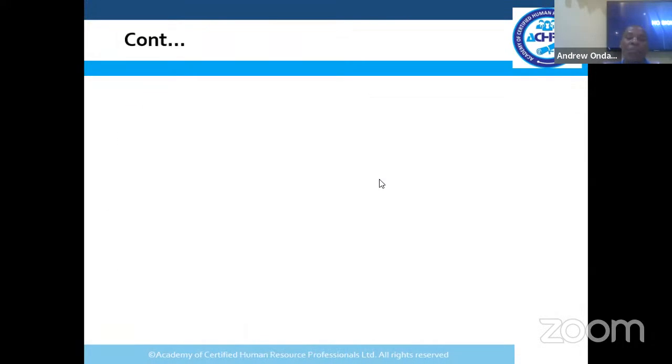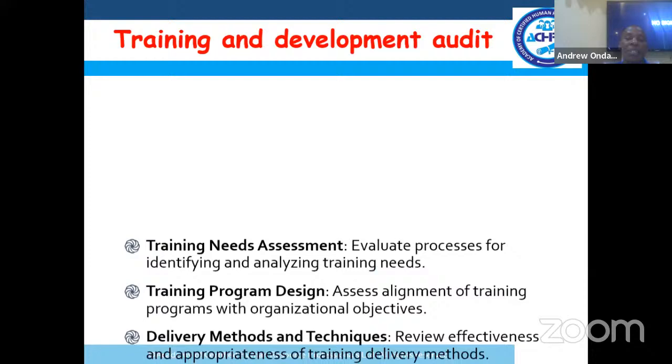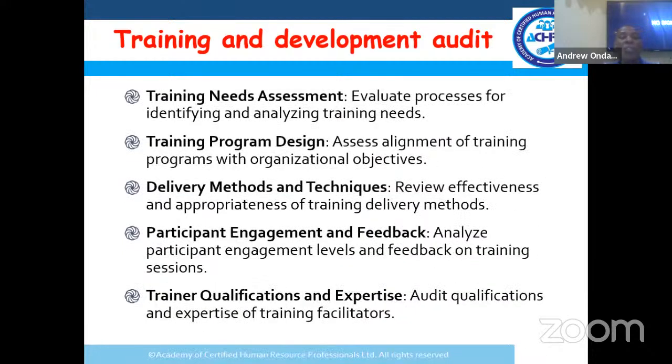My assumption is that we have understood, and therefore we can move to the next part, and that is auditing of training and development. I may not go to the basics of what training is, what development is, because we are all familiar with these concepts.